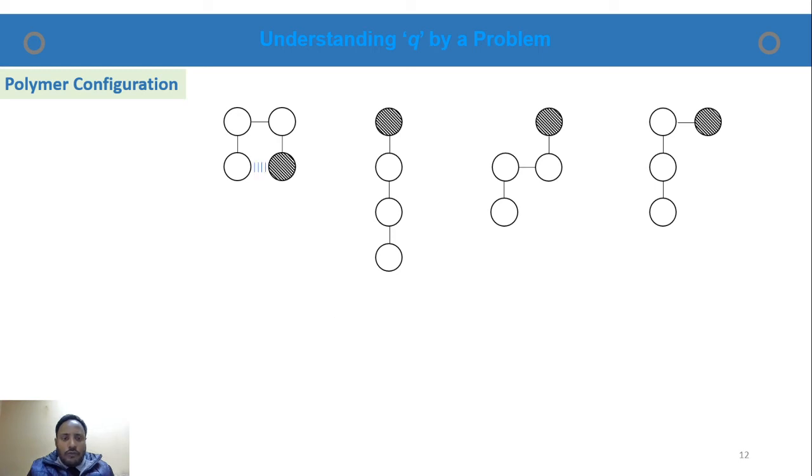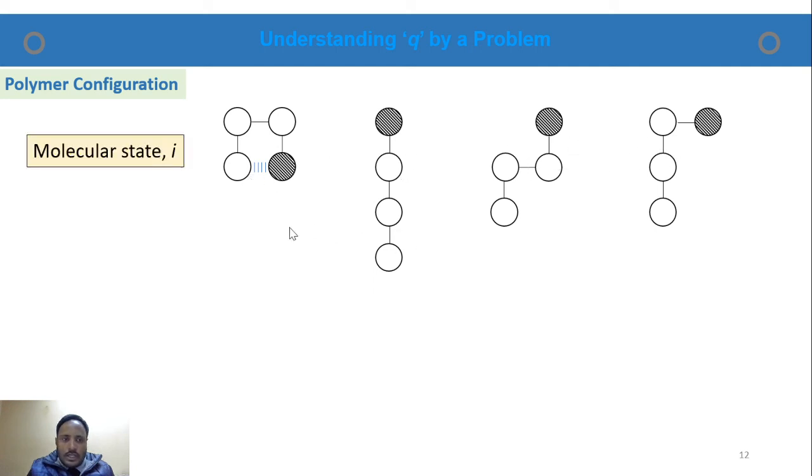Now if we consider the interaction between this monomer and this monomer, the interaction will be the maximum here because of the close proximity of the two monomeric units in this configuration, and there will be no such interaction between such units in the other configurations.